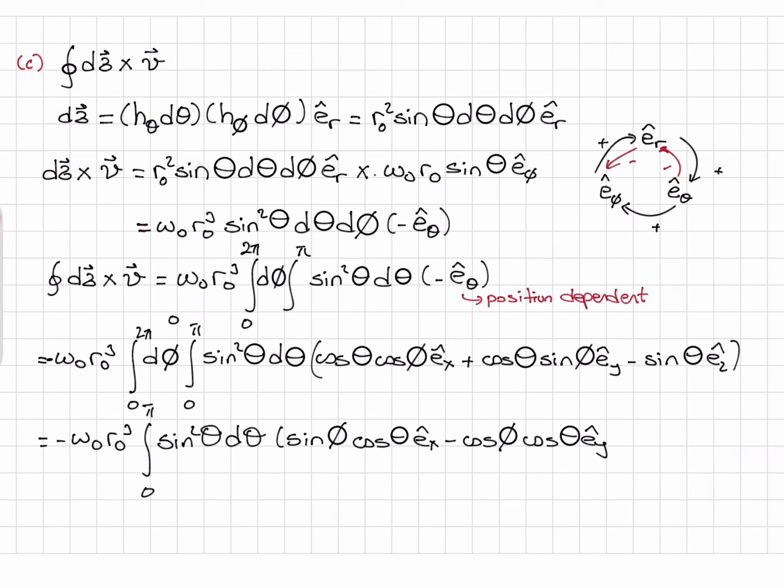And then here I have sine theta ez hat, which doesn't have any phi in it. So the integral will give me just minus phi. And this integral has to be evaluated between phi equal to 0 and phi equal to 2 pi.